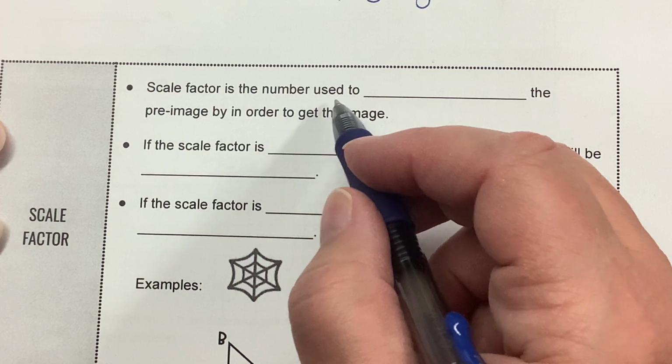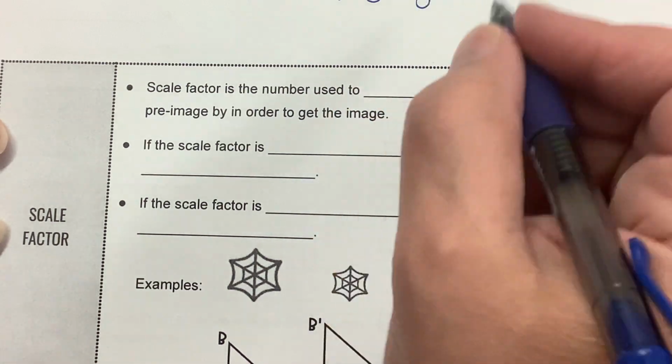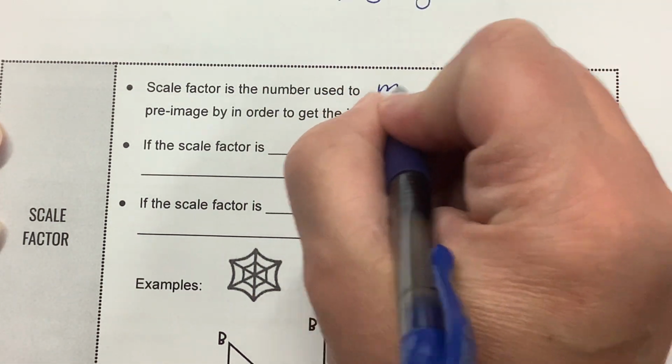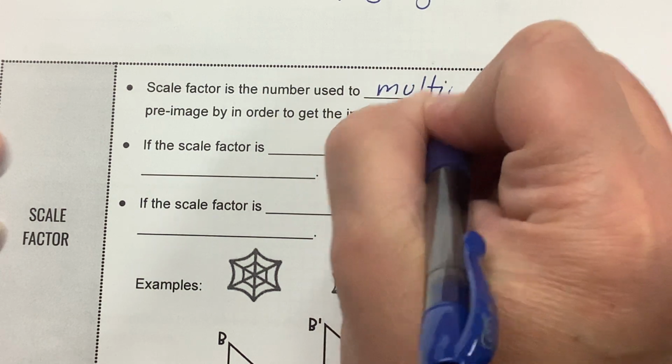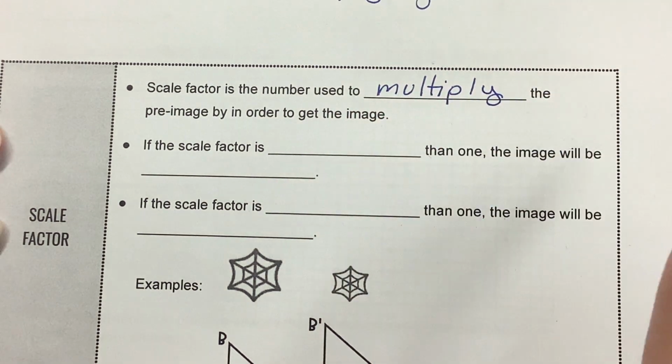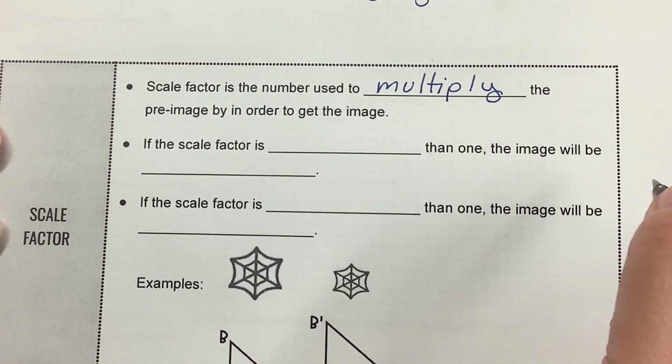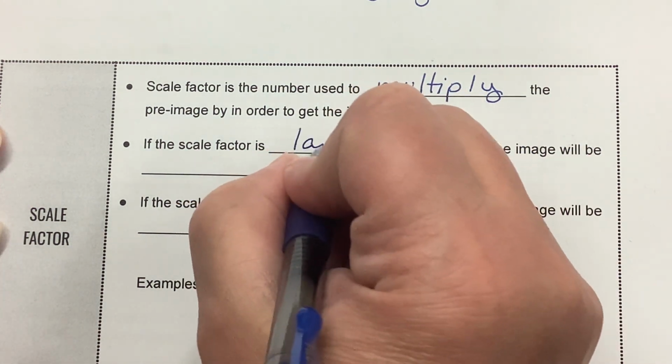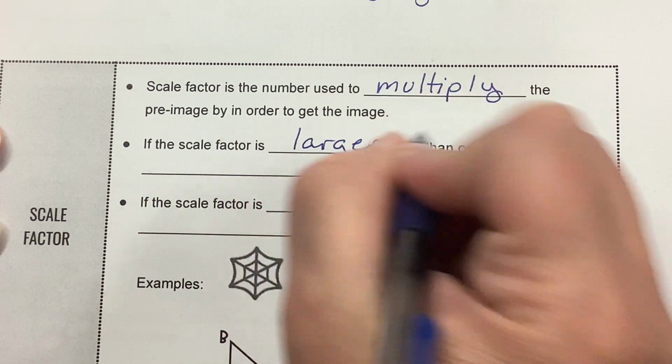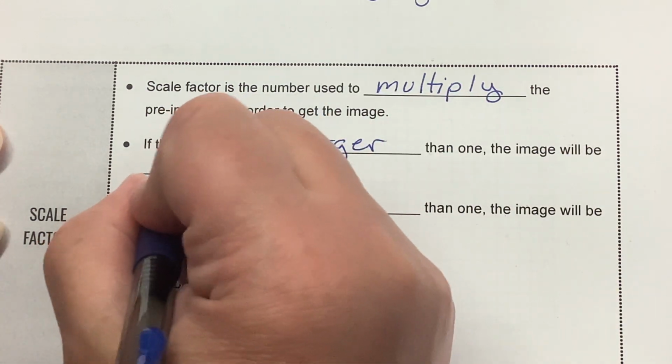Scale factor is the number used to multiply the pre-image in order to get the image. If the scale factor is larger than 1, the image will be bigger.